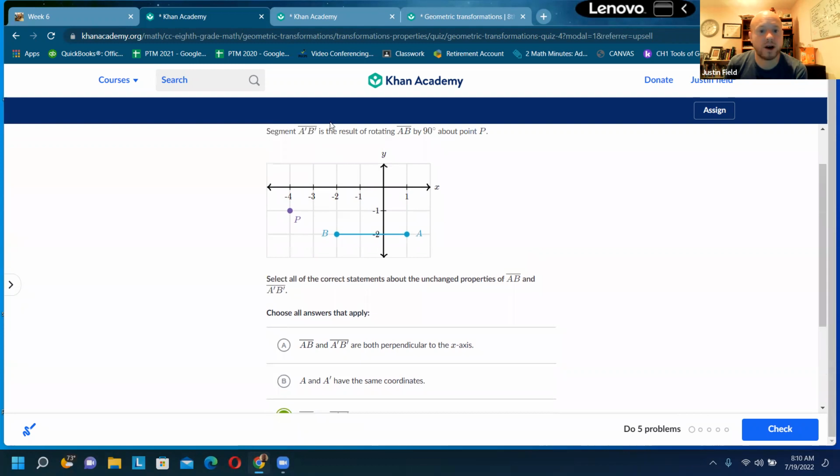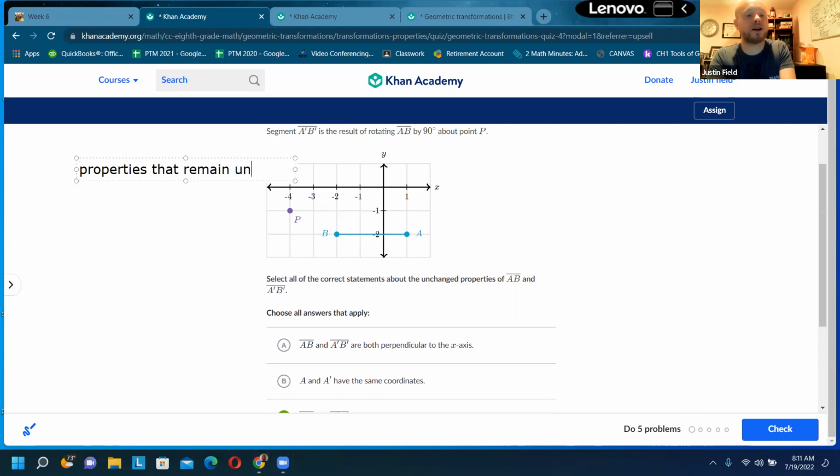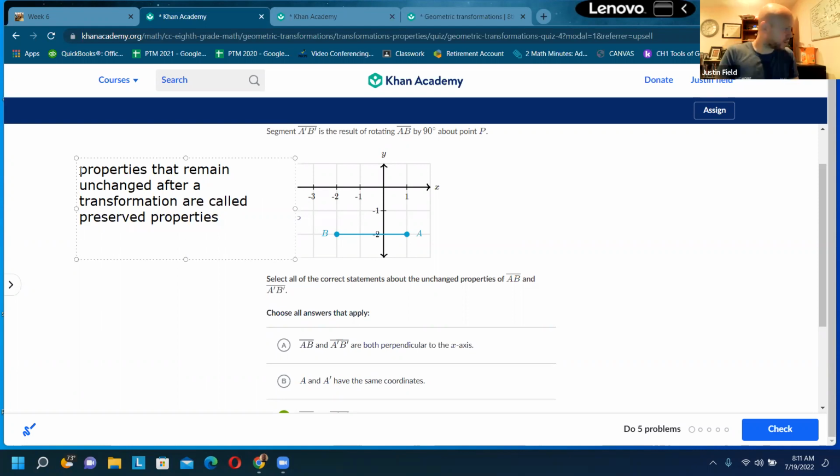So there are some properties that remain unchanged after a transformation, called preserved properties. Like a jar preserves, you know, raspberry jam.